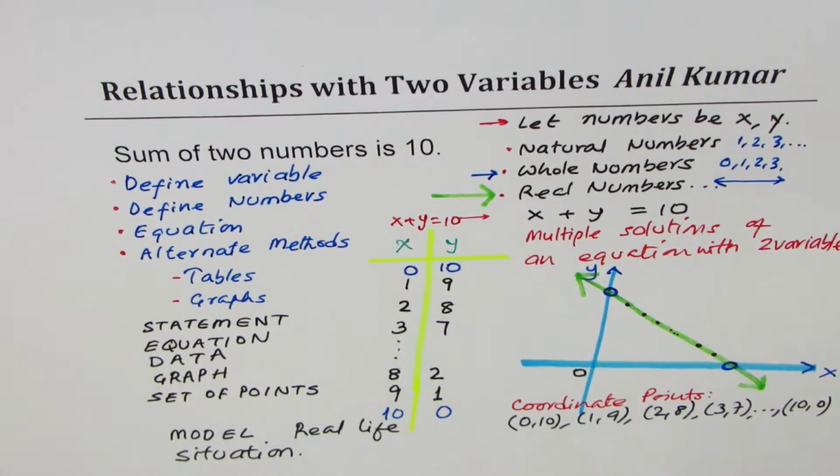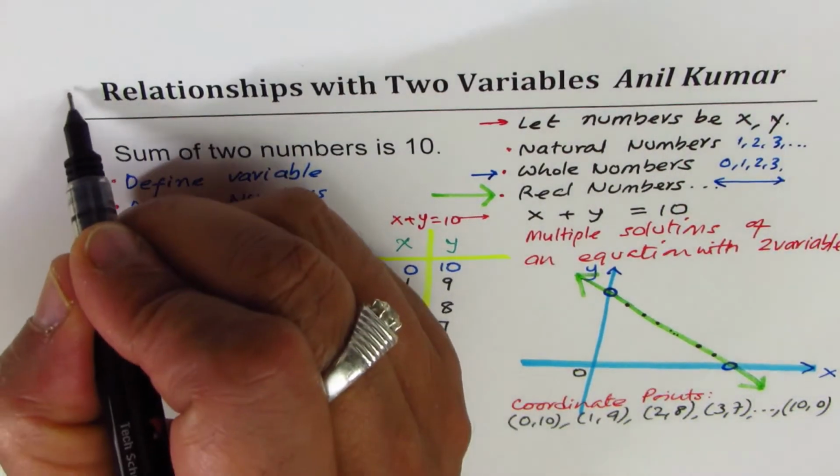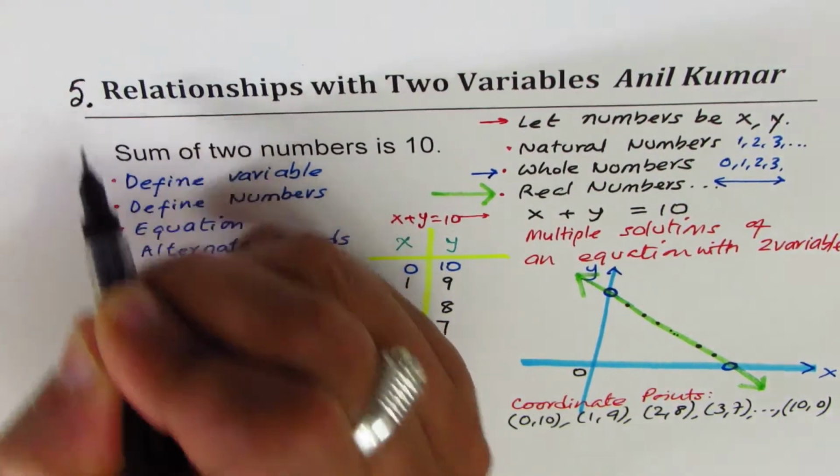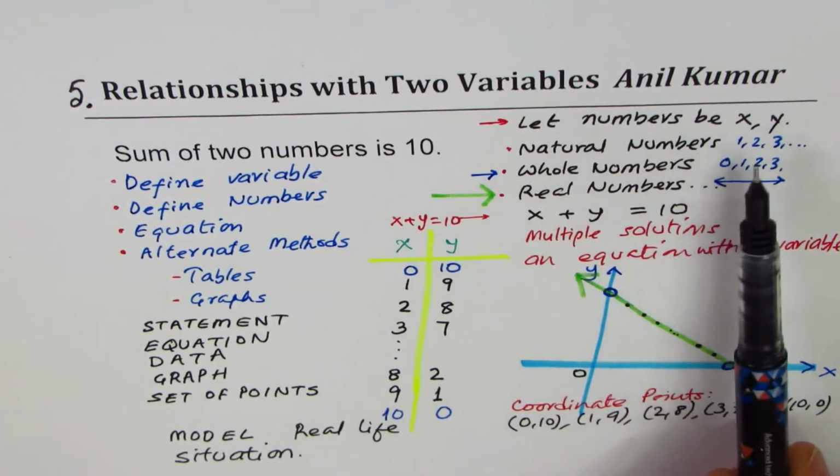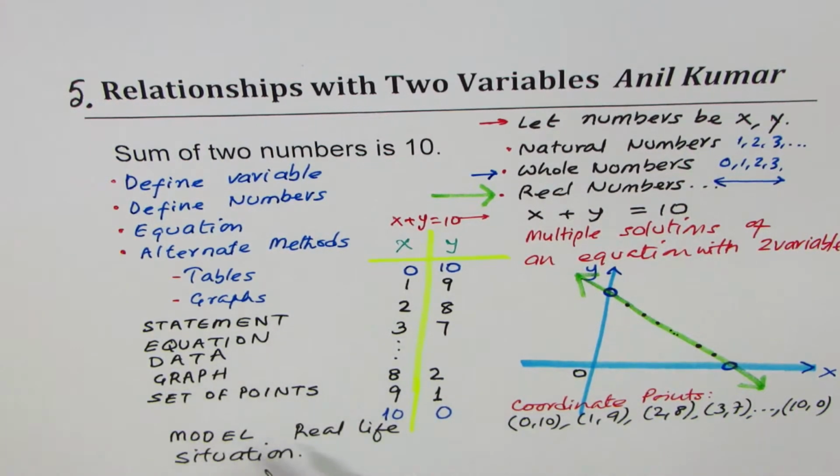So in this series, which is unit 5 for us, we will learn how to solve word problems, writing them in the form of equations, providing solutions by any of these methods which we have discussed.